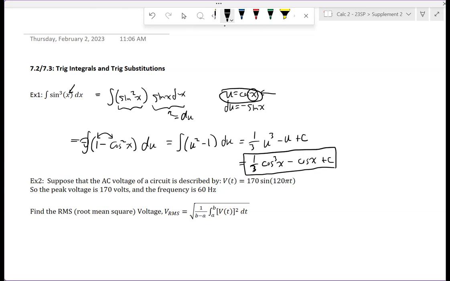So does it morally speaking make sense that the integral of sine cubed would have a dominant term of cos cubed? And I think that does make sense, right? Sines translate to cosines, cosines to sines. So that seems like a sensible thing to get out of the other end. If we ended up getting a square root of x out or something, we might be a little suspicious. But this seems in line with what we might expect.